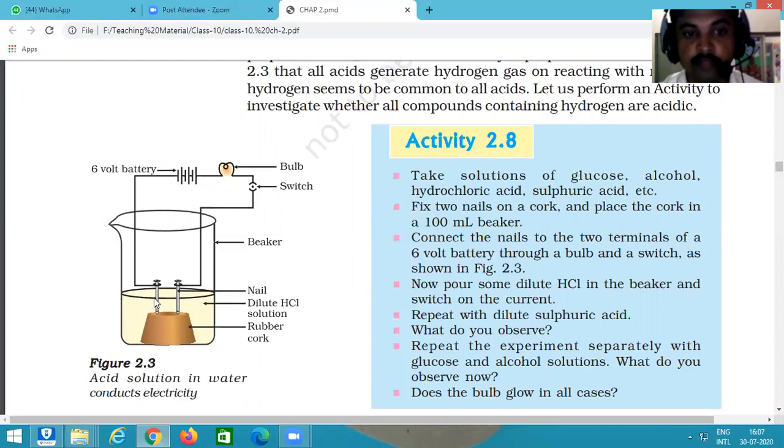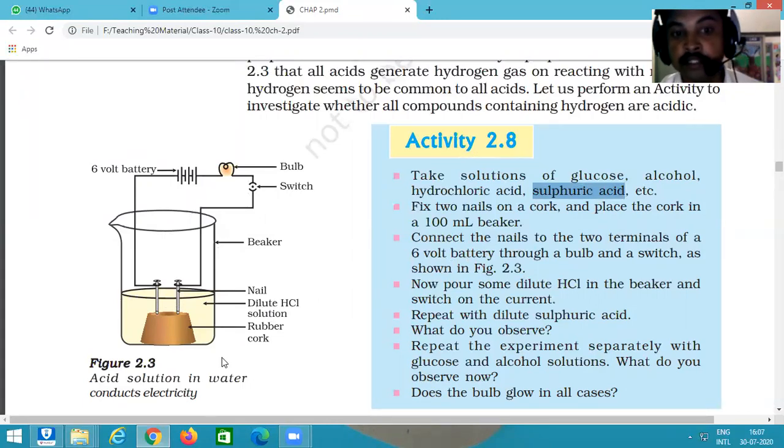The current will flow through the liquid because of the presence of ions, and the bulb glows. Again we repeat this procedure with a different solution. This time we take another acid, sulfuric acid. At the time of sulfuric acid, the bulb also glows.